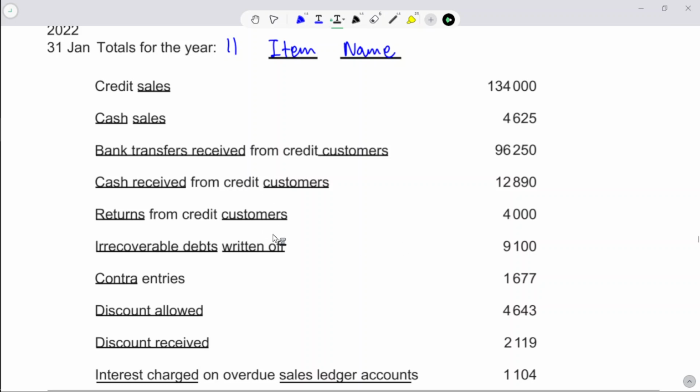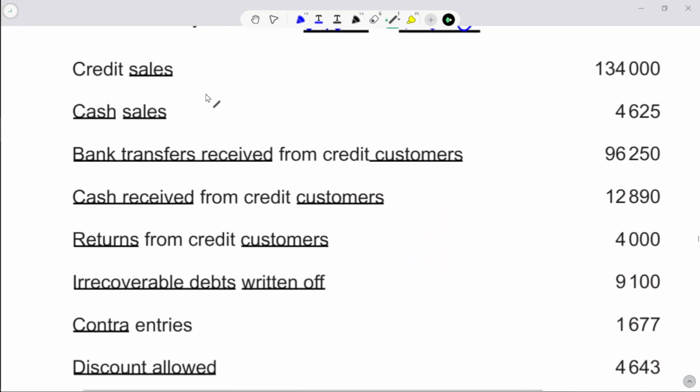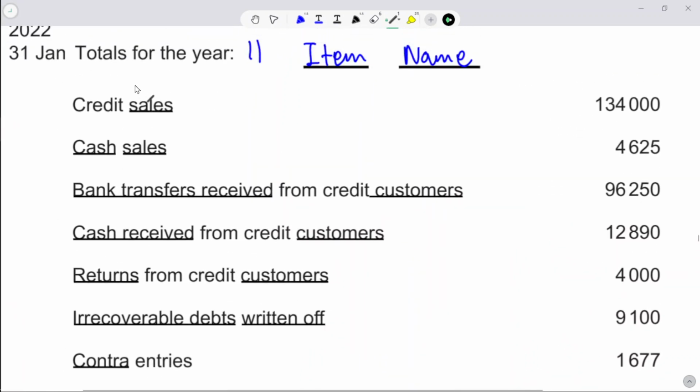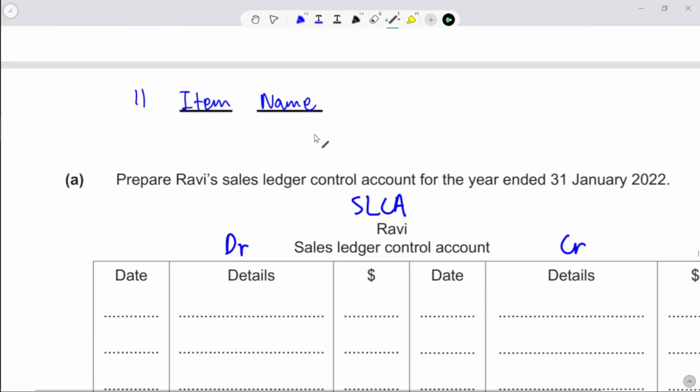Okay, this is the line. As you can see, the first line says one line only, right? So for the other line, what account are we doing now?